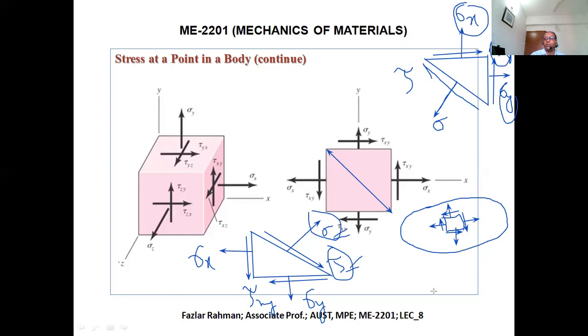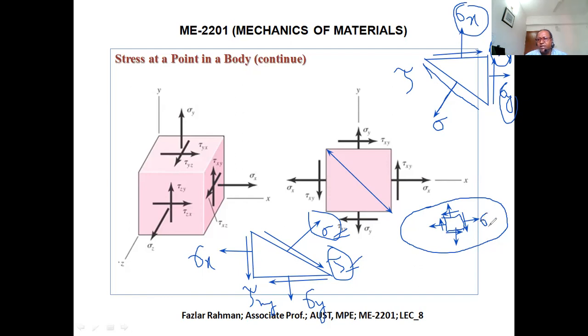Now, how do you know that? What is the value of tau and this sigma? That means if you cut it right over here, if these two values you know, then you can figure out that your design is okay. Now, along this direction, sigma L equals PD by 4T or PR by 2T.